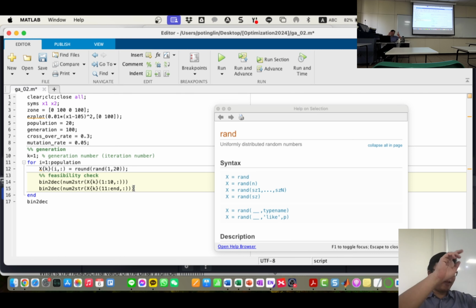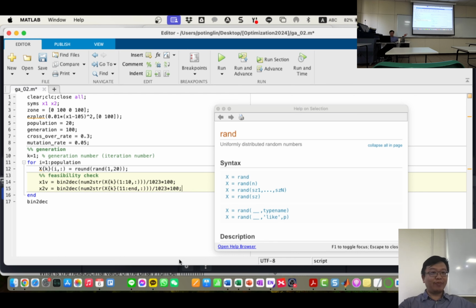Now I need to divide this by 1023 times 100. Then they become values ranging from 0 to 100, just like what I showed you in my problem. So now here it will be my x1 value. This will be my x2 value. Okay?